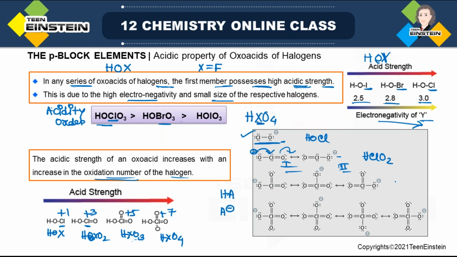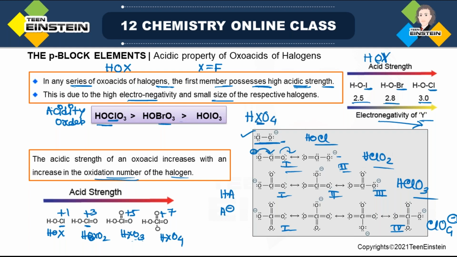Fine. Similarly, when it is HClO3, corresponding anion ClO3 minus, you are having 3 resonance structures. And all these 3 are equivalent. Here also you are having total 4 resonance structures. All the 4 are equivalent. So I mean to say, as we are moving from the anion ClO minus to ClO2 minus, ClO3 minus, ClO4 minus, the number of equivalent resonance structures is increasing.